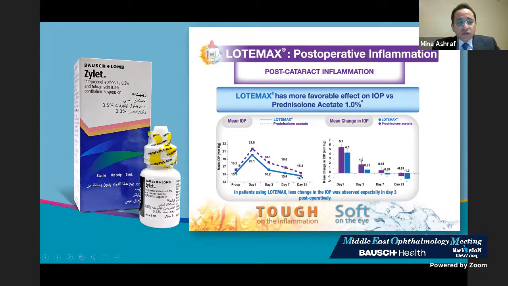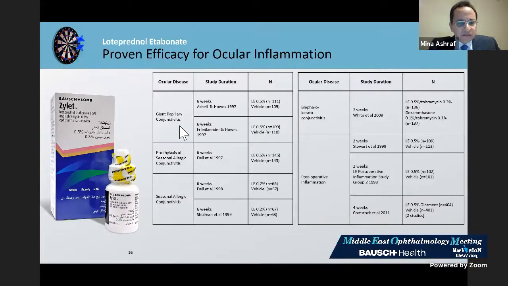And loteprednol etabonate has proven efficacy for ocular inflammation in a variety of conditions, including but not limited to giant papillary conjunctivitis, prophylaxis of seasonal allergic conjunctivitis, seasonal allergic conjunctivitis, vernal keratoconjunctivitis, and postoperative inflammation.